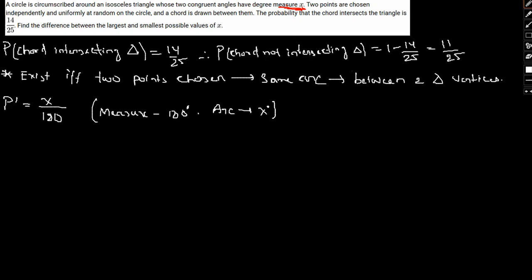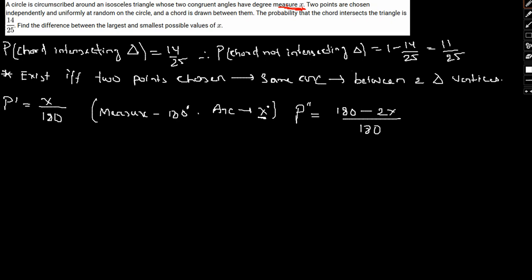That's why we get this probability. And the probability that the point is chosen on the arc between the two base angles, let it be p double dash, would be nothing but, since the total sum is 180 degrees and both base angles are equal, (180 minus 2x)/180.